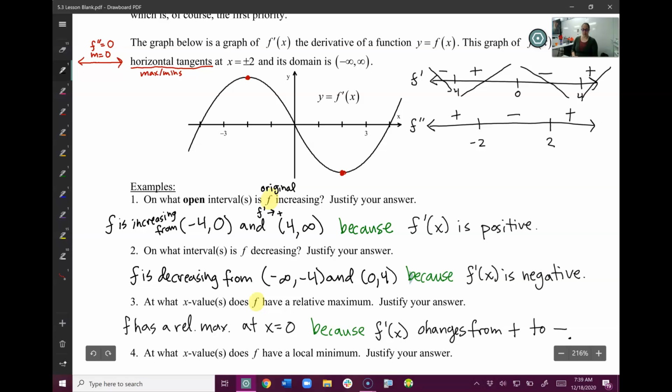So I know it's a maximum here because f prime is changing from positive to negative. That's what tells me it's a maximum on the original.